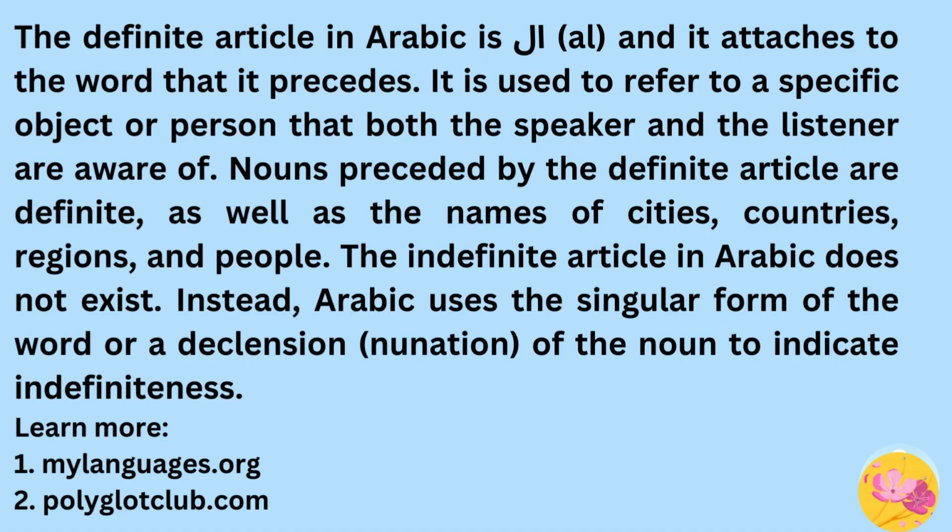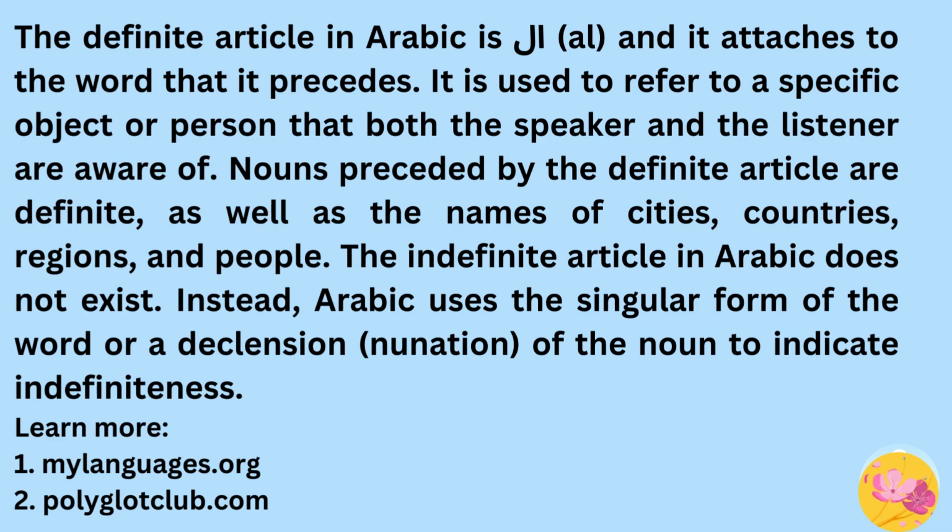When it comes to articles in Arabic, the definite article is al, that is the main article, and it attaches to the word that it precedes. It is used to refer to a specific object or person that both the speaker and the listener are aware of. Nouns preceded by the definite article are also definite, as well as the names of cities, countries, regions, and people.